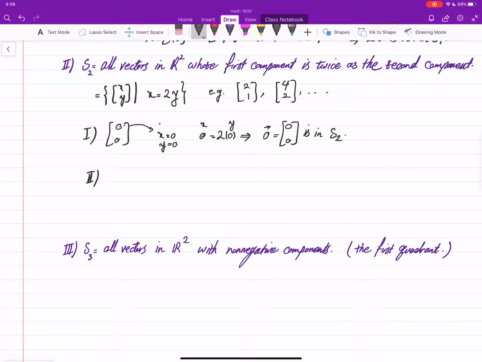Okay, so we are taking two vectors. Let me say (x1, y1) and (x2, y2), and we take these ones from S2. Well, it means that x1 is twice y1 and x2 is twice y2.